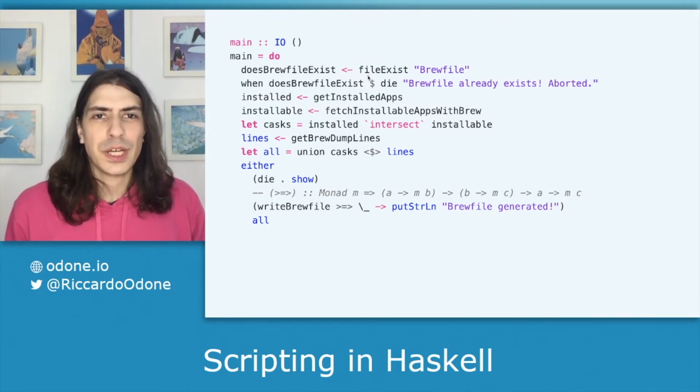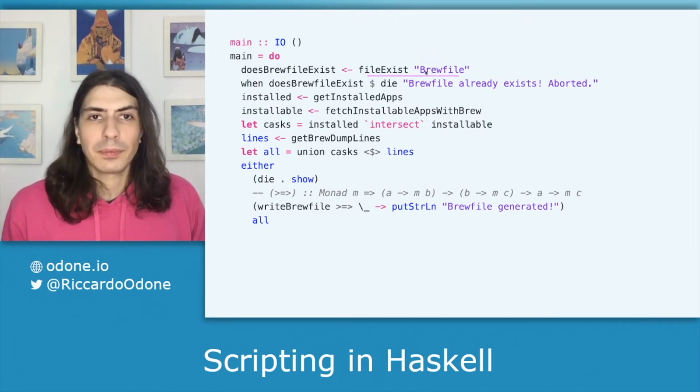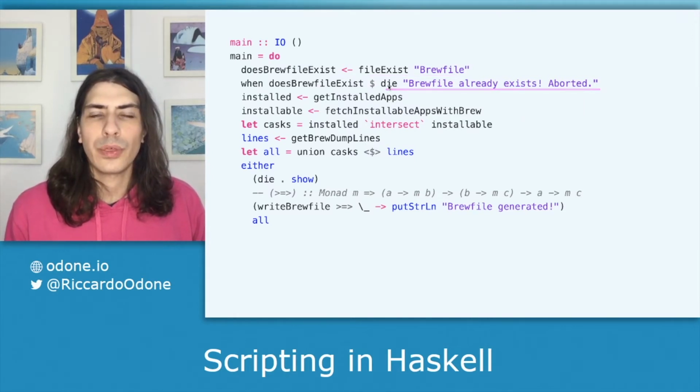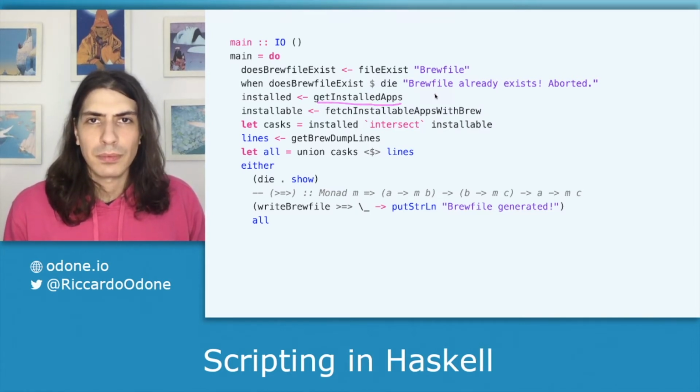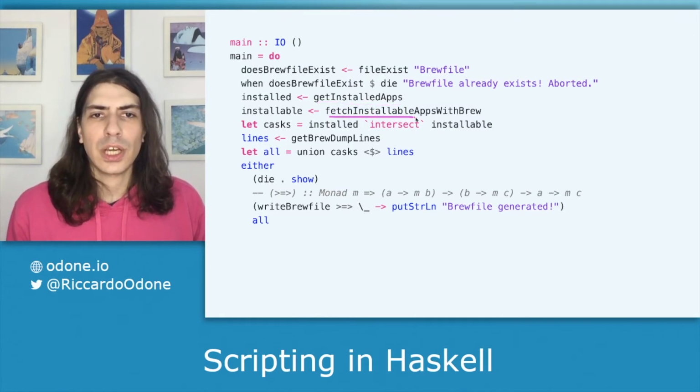So we first check if the file brew file exists in the current directory. If it exists, we exit with exit code 1 and we print to standard error this string. Then we go and get all of the names of the installed apps on the operative system, and we go and check which apps could be installed with Homebrew.